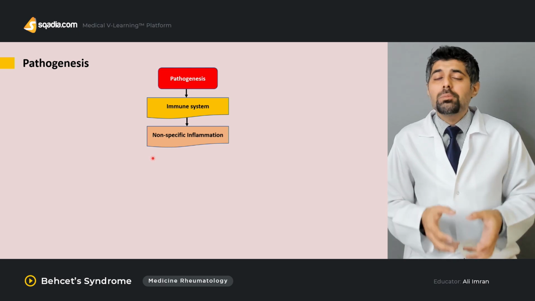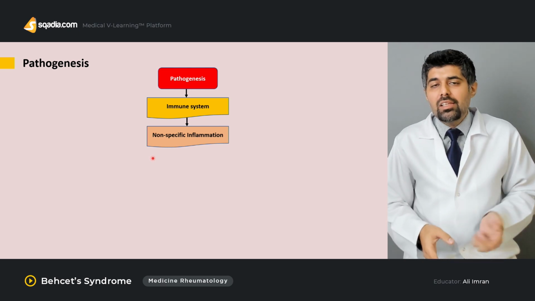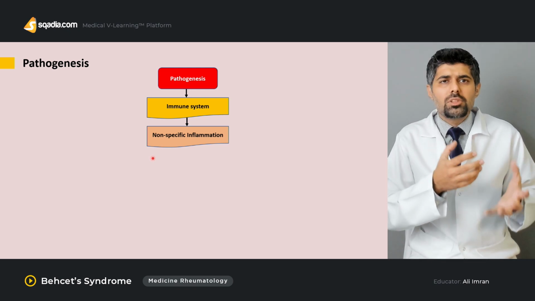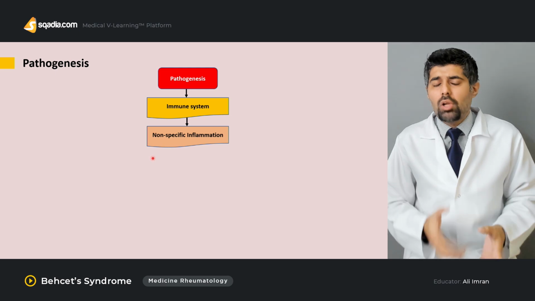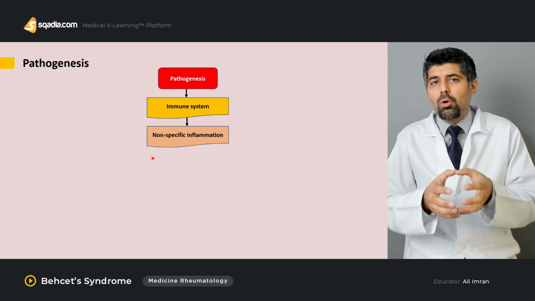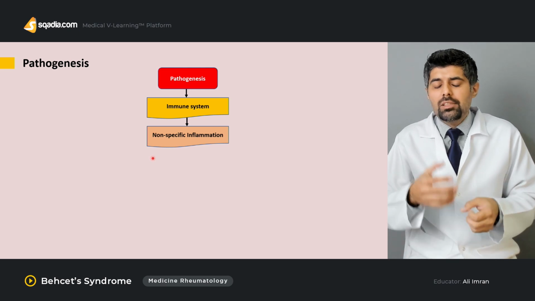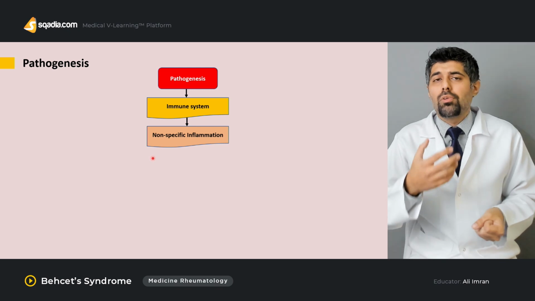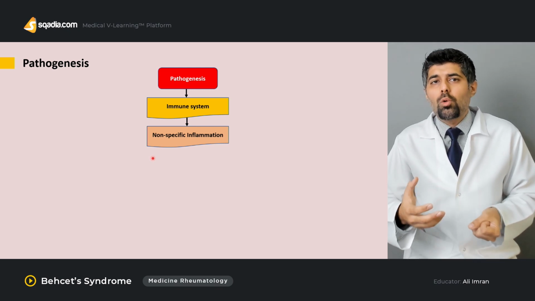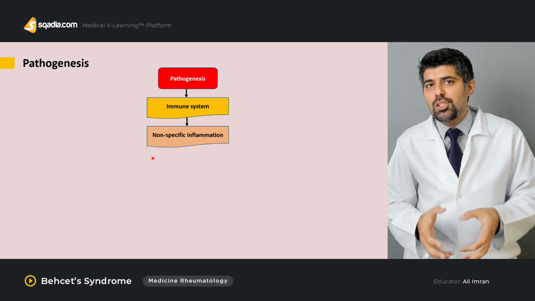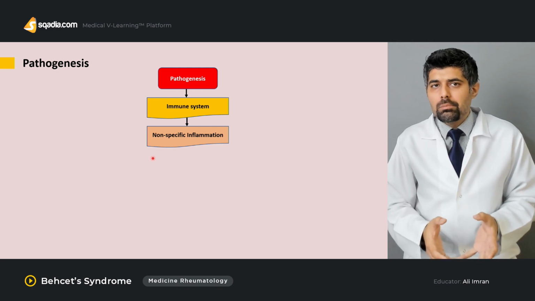Now, this non-specific inflammation in this case represents systemic panvasculitis. That is, there is general inflammation around the vessels, and there's also neutrophilic migration, neutrophilic infiltration, along with endothelial swelling or the edematous changes around the endothelium.